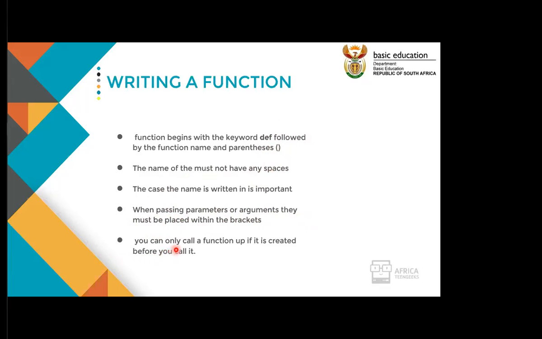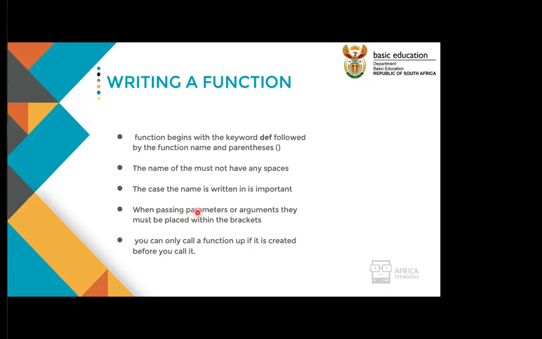You can only call a function if it is created before you call it. I know that sentence doesn't make much sense for some of y'all, but put it this way. Your parents can call you because you were born. If you weren't born, they can't call you. The same thing with a function.